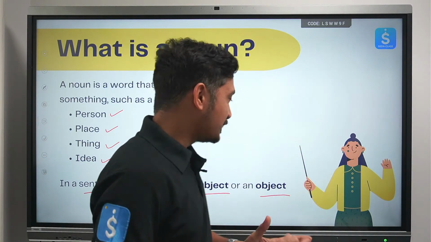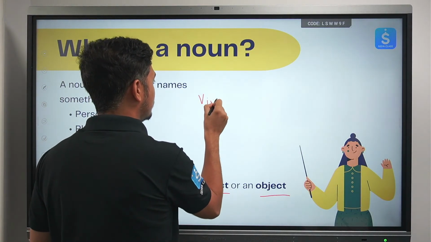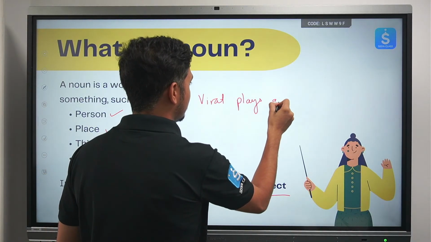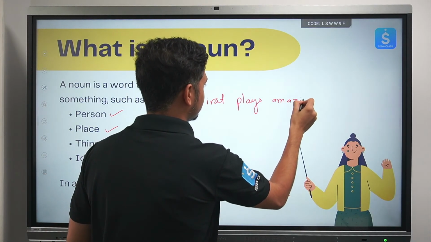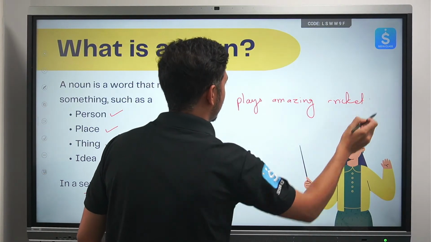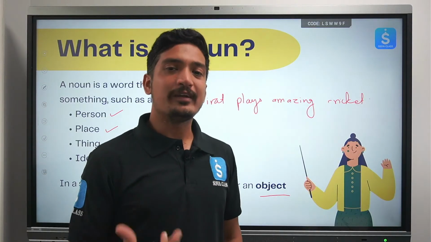Okay, so let's say I'm saying, Virat plays amazing cricket. So let's say we have this sentence. Now let's try to identify the nouns over here.